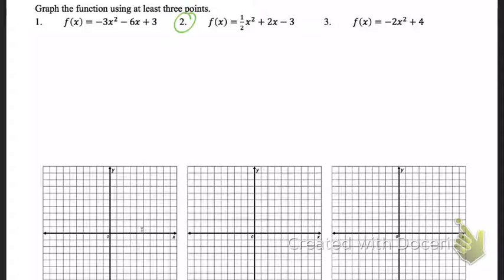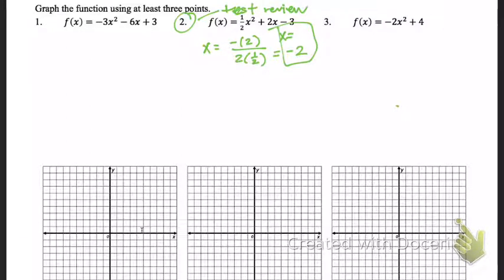So this is number 2 on the test review. I just want to talk about what you would do if you had a fraction as an a value, because you can't do the up 1 over 2 for your a value. So my axis of symmetry is x equals negative b over 2a, so negative 2 over 2 times 1/2, which becomes negative 2 over 1, so just negative 2.